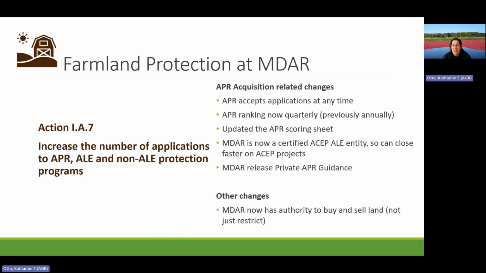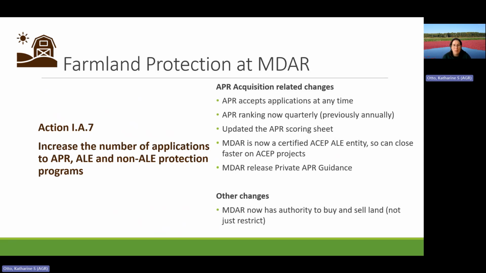It was previously done on an annual basis, so now, when you're ready, get things in. They also updated the APR score sheet that was released towards the end of 2024. And MDAR is also now an ASAP AL entity, which means they can close faster on farms. So it's faster from when you express interest to when you might be closing.